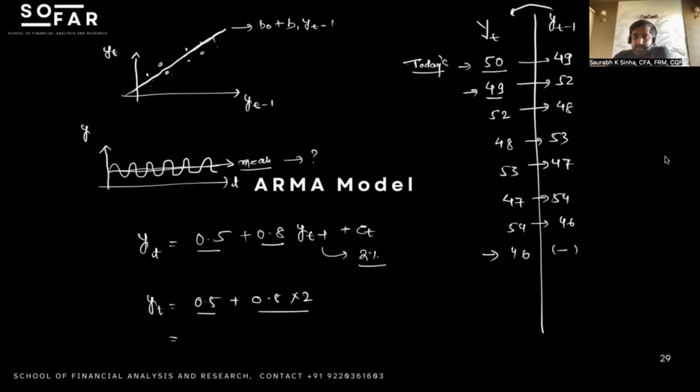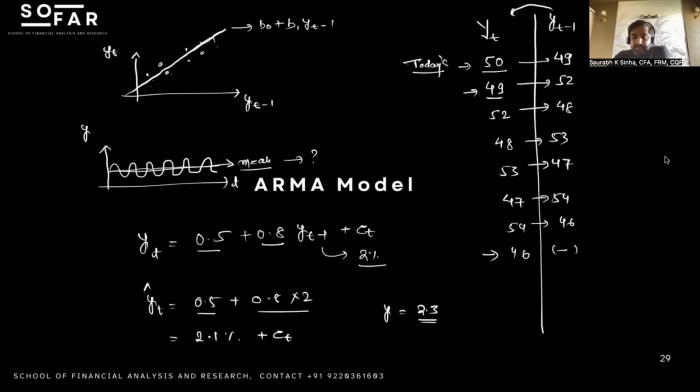So 1.6 plus 0.5 is going to be 2.1%, which is my prediction. But definitely there is an error, and that error will either increase or decrease the y value. Say the error is 0.2. So the actual y, this was y hat, the actual y is going to be 2.3.